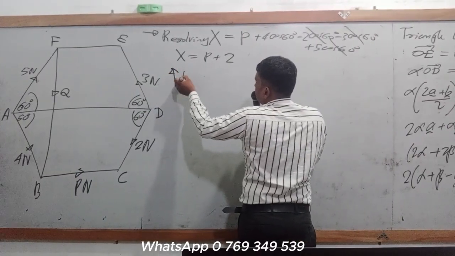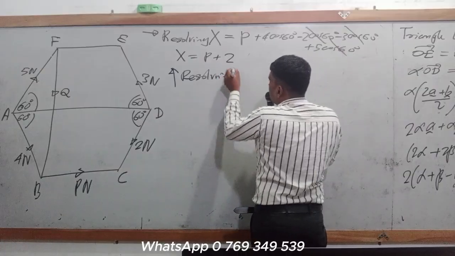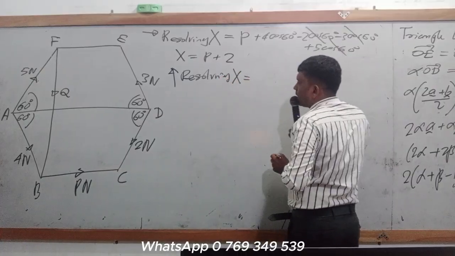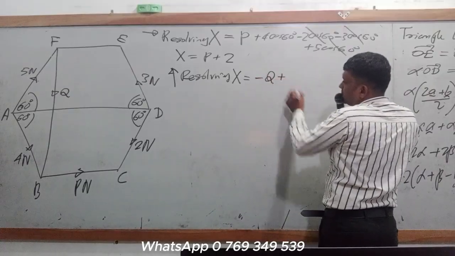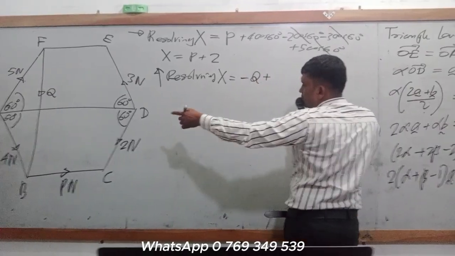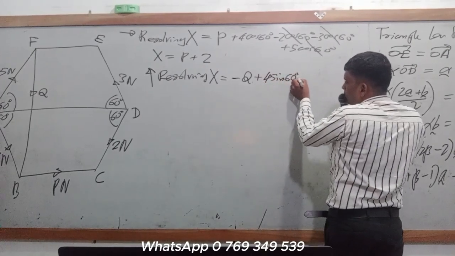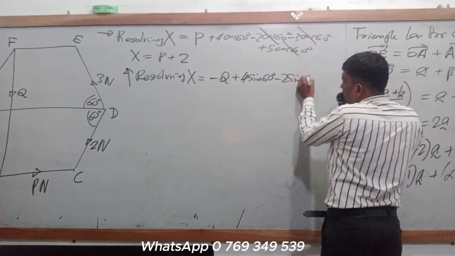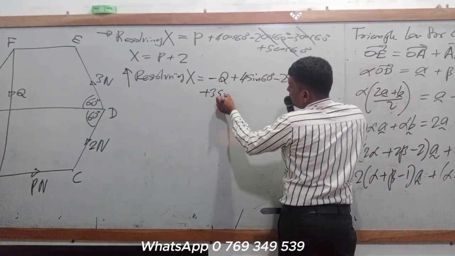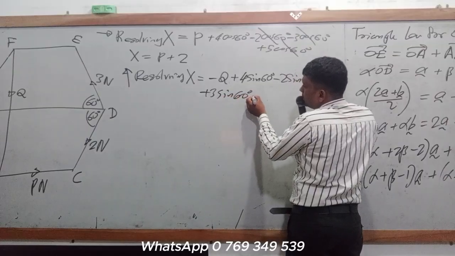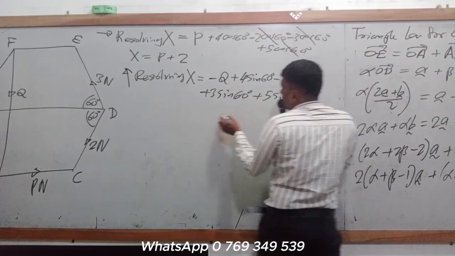Resolve on this side. Capital Y equals minus Q plus 4 sine 60, minus 2 sine 60, plus 3 sine 60, plus 5 sine 60.